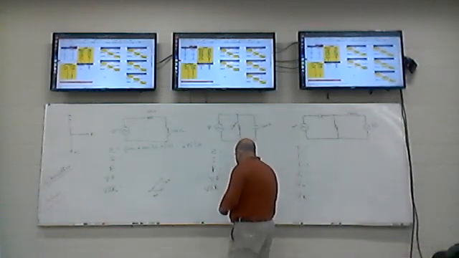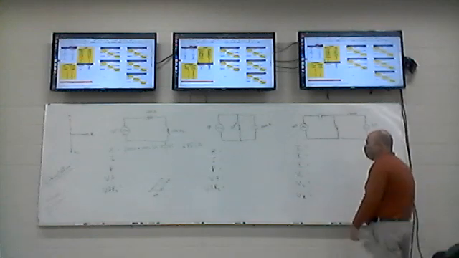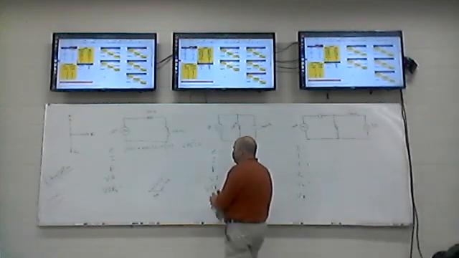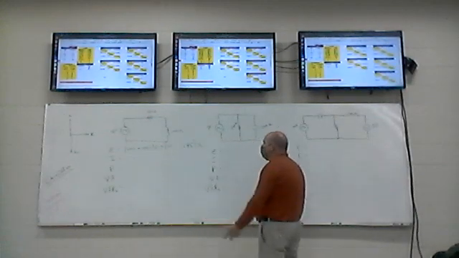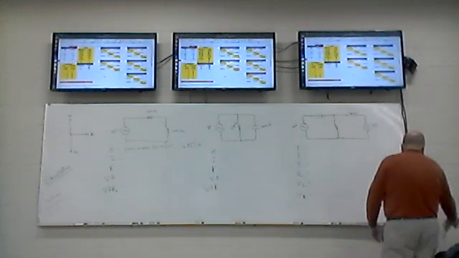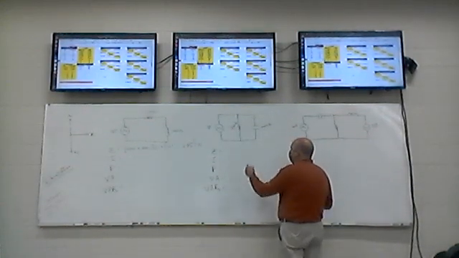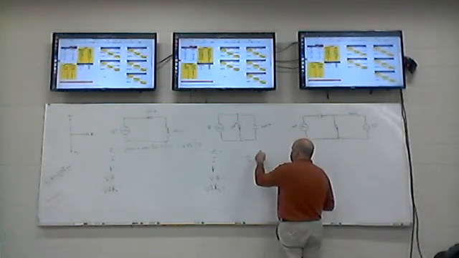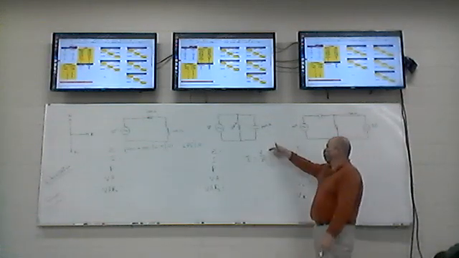Alrighty. What's my current in the circuit? If somebody gives you the voltage and they give you the impedance, can you come up with a current? I equals V divided by Z, right? Do I know V?